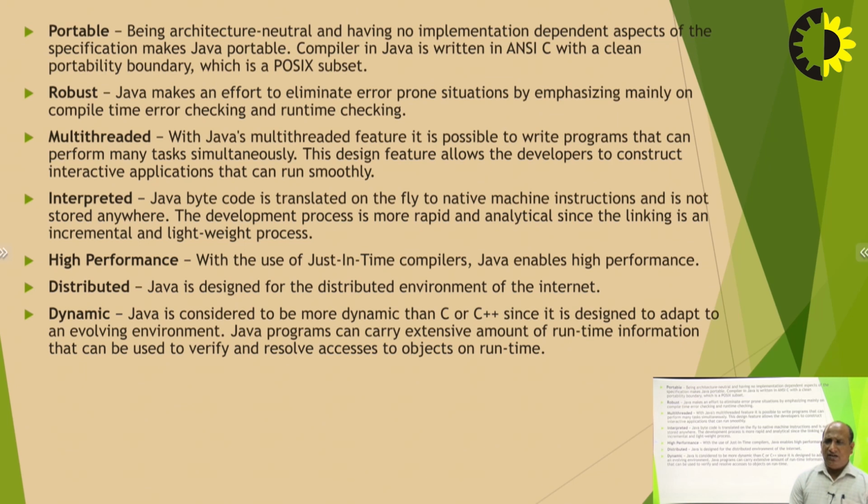It is also a multi-threaded language, and it supports the concept of multi-threading. In a language that does not support multi-threading, if you have to perform a number of tasks on a uniprocessor system with multitasking, the processes reside in separate address spaces, so the context switching time between processes is higher.